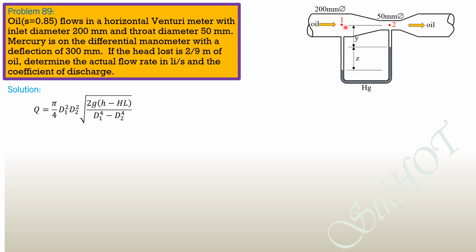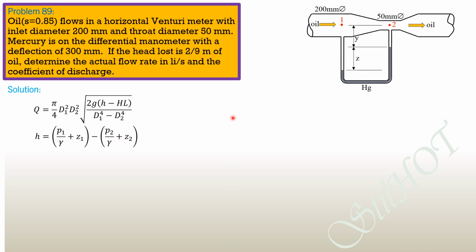or it is P1 over the specific weight of the flowing fluid plus the elevation head at 1, minus the quantity pressure head at 2, P2 over the specific weight of the flowing fluid, plus the elevation head at 2. So h is P1 over gamma of the flowing fluid plus Z1 minus P2 over gamma plus Z2. So Z1 and Z2 are zeros in this case.